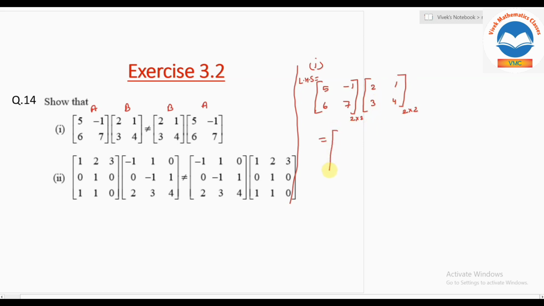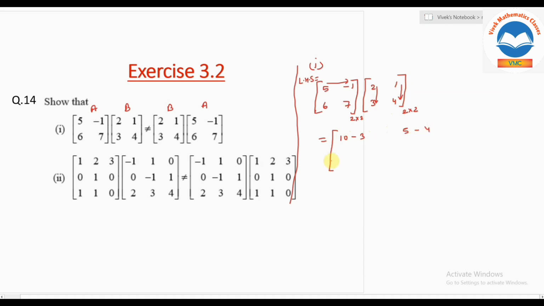So we will multiply this. First row, first column: 5 into 2 is 10, minus 1 into 3 is minus 3. Next, first row, second column: 5 into 1 is 5, and minus 1 into 4 is minus 4.